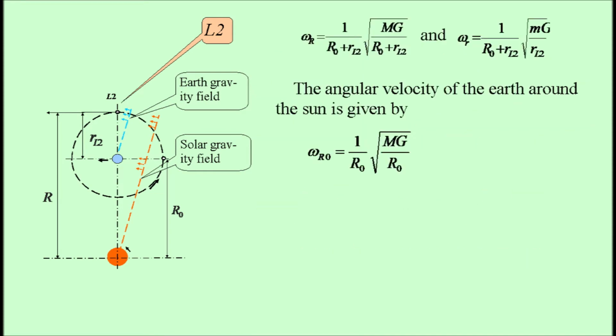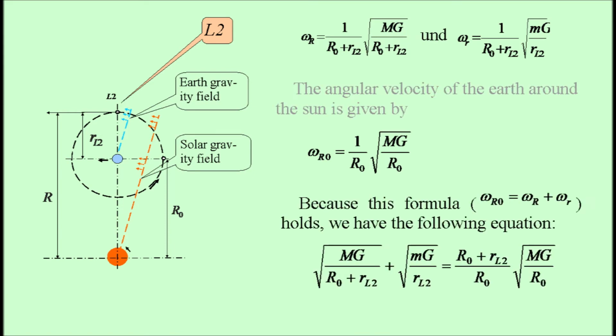The angular velocity of the Earth around the Sun is given by this. Because this formula holds, we have the following equation.